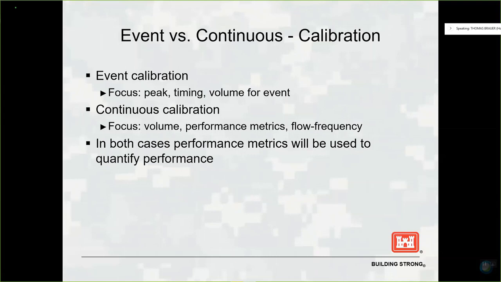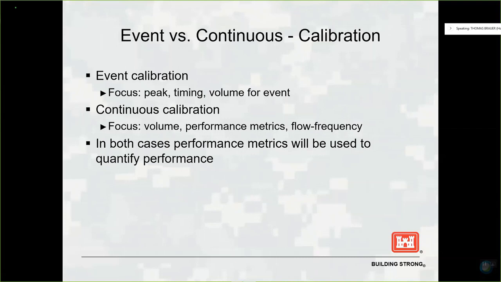And then for really long continuous calibrations, we might start looking at flow frequency curves and seeing if we can reproduce the flow frequency. So it's really just a matter of getting things into a view that we can process, like a flow frequency curve. We can't look at the fit for the entire 60-year simulation of a continuous model, but we can look at a flow frequency curve, and we can look at performance metrics.